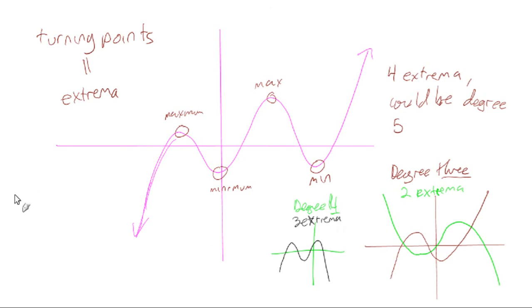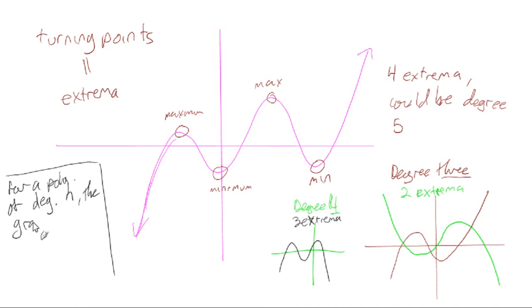Okay, so for a polynomial of degree n, the graph has, at most, it could have less, but at most it has n minus 1.